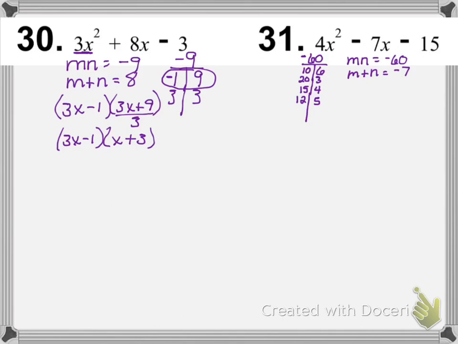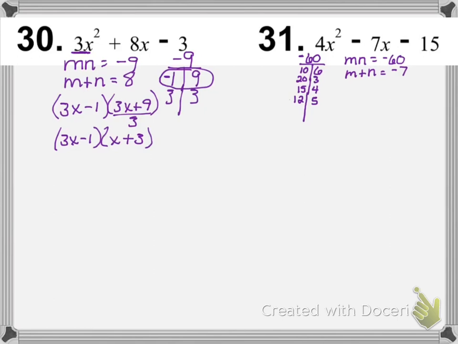This one took a little bit more work because magic numbers multiplied has to equal negative 60 and added has to equal negative 7. And so I just played around with it, figuring out what numbers would work. Since it's negative, I know I've got to subtract my magic numbers. And so I finally found it, where it's 12 and 5. Since my magic numbers added is a negative number, that means that my largest number has to be negative, so it's got to be negative 12.